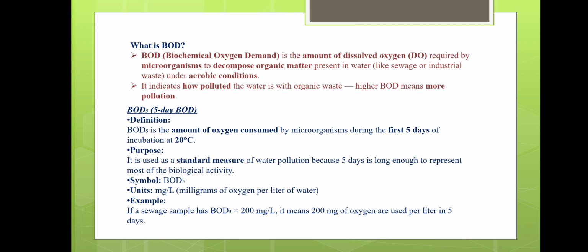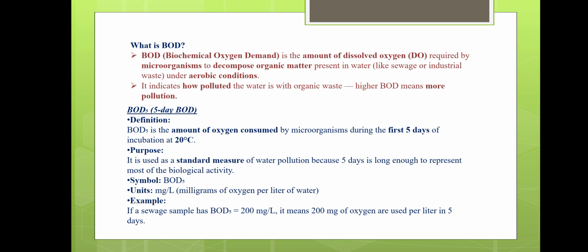It means that 200 milligram of oxygen are used per liter in 5 days. So, as I have told you, in case of BOD5, 68% of organic matter can get decomposed.